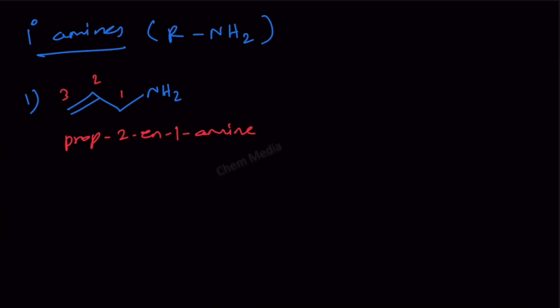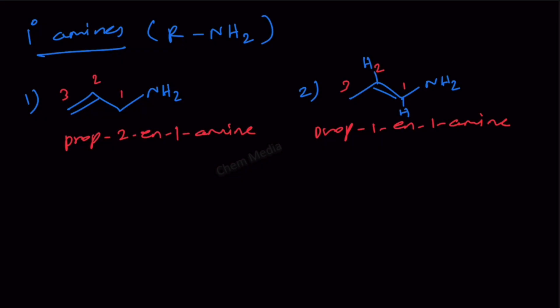And then number 2, let's shift the double bond: 1, 2, 3 and then the NH2 group and then the double bond here. This is prop-1-en-1-amine, but now we have cis-trans isomers. I'm going to follow the EZ convention instead of cis-trans. So what we wrote right now is a trans isomer.